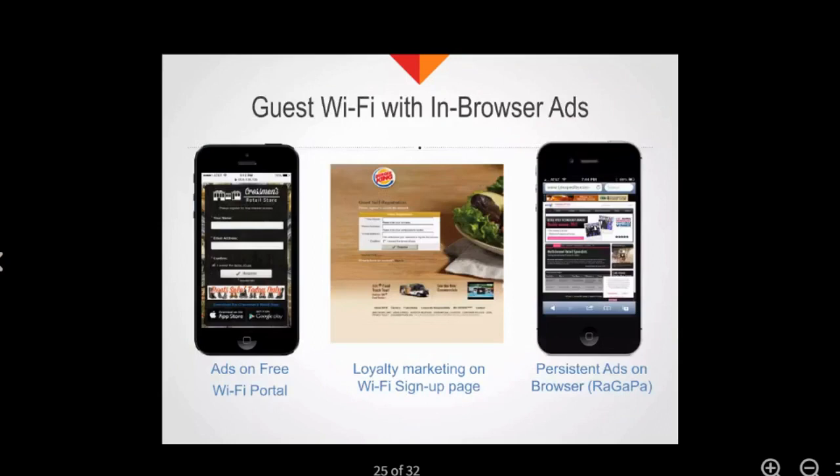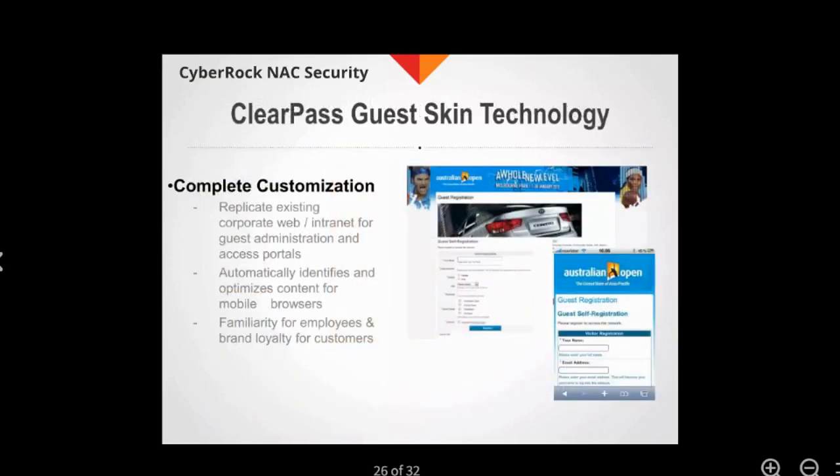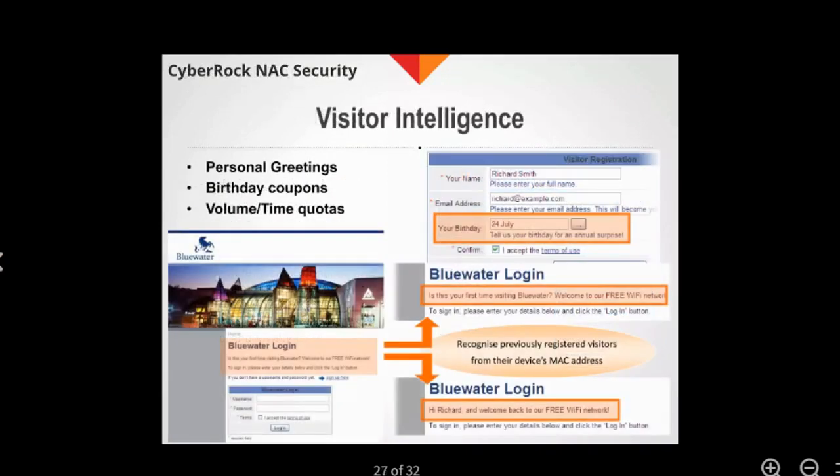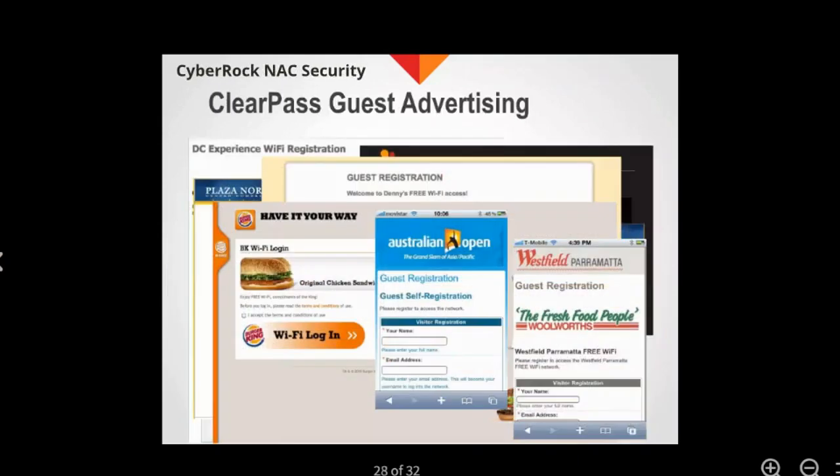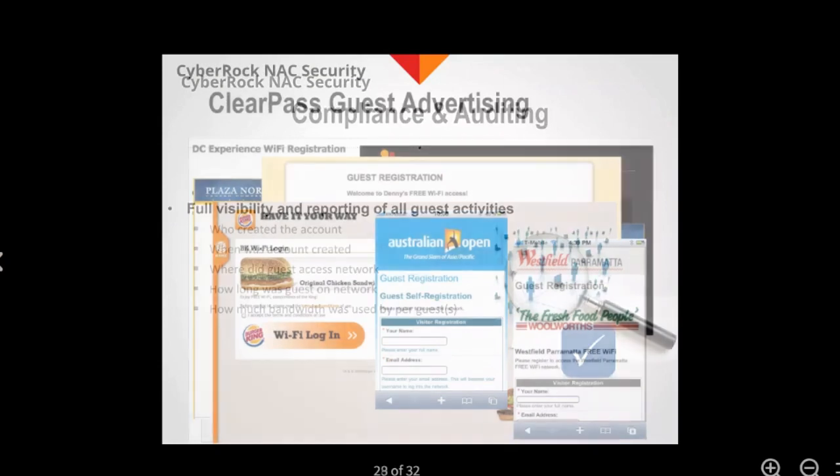Network visibility. Clearpass offers comprehensive visibility into network activities, devices, and users. It provides real-time monitoring, reporting, and analytics to detect and respond to security threats, unusual behavior, and policy violations. Integration and ecosystem support.